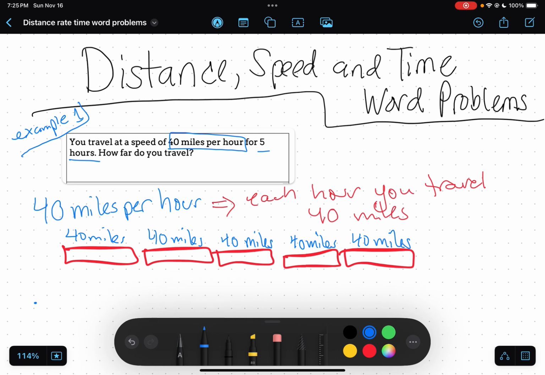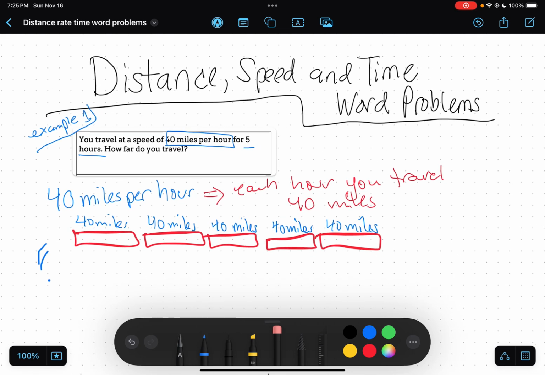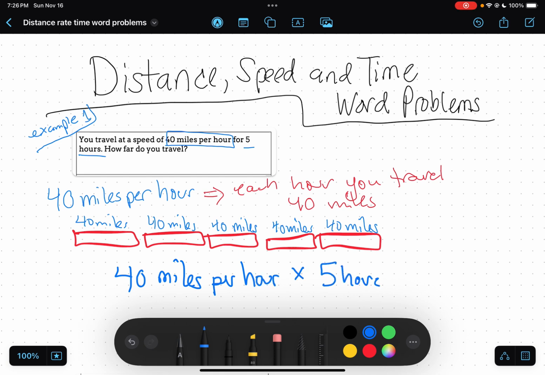We're going to keep really good track of our units on these problems. So let's think about it with units. If I do 40 miles per hour times 5 hours, my answer will be 200 miles.